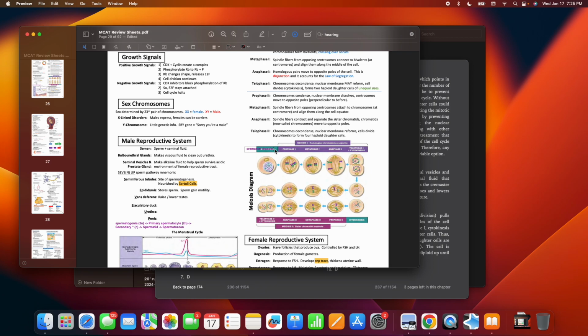Cremaster muscle, raise, lower, testes due to temperature. So we can put this here.